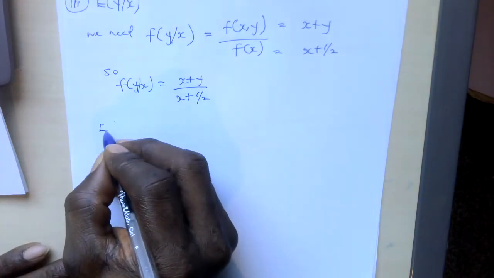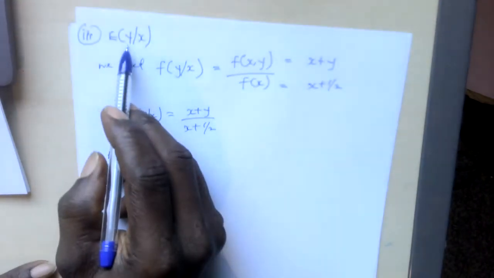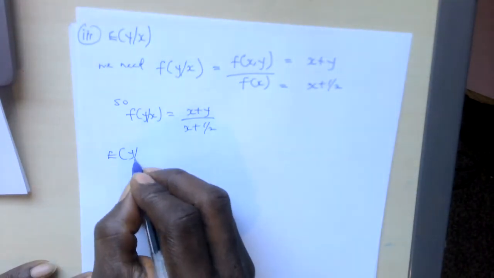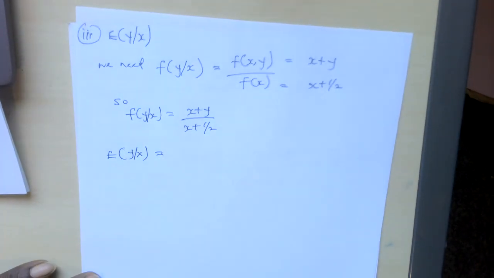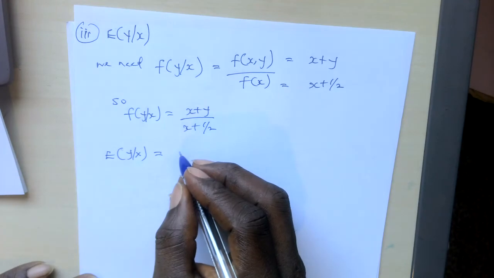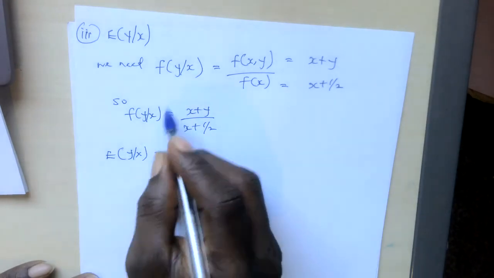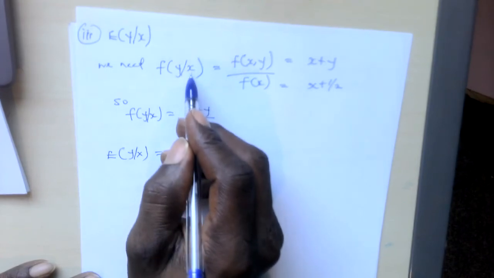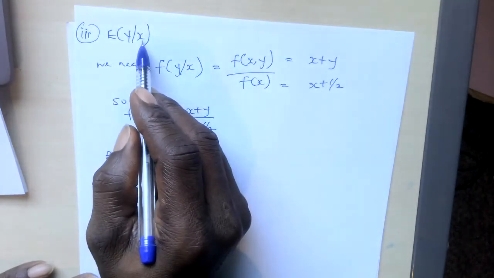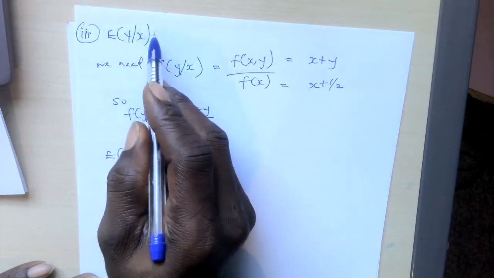So now, to solve for this, we have E of y given x equals this, this is our interest. Given this has happened, what is this when this has happened?